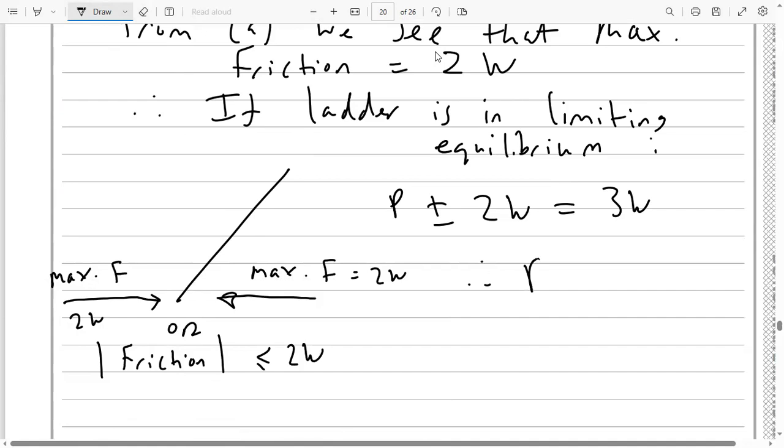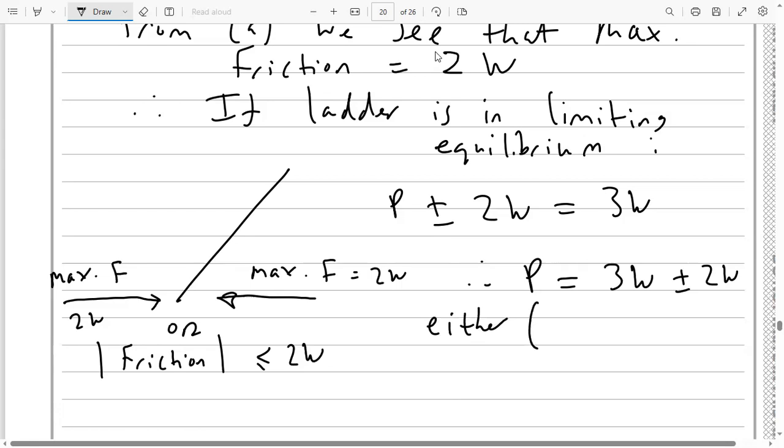So therefore P is going to be equal to 3W, and then take away your plus or minus 2W. If we do minus or plus 2W on both sides, we get another plus or minus 2W.